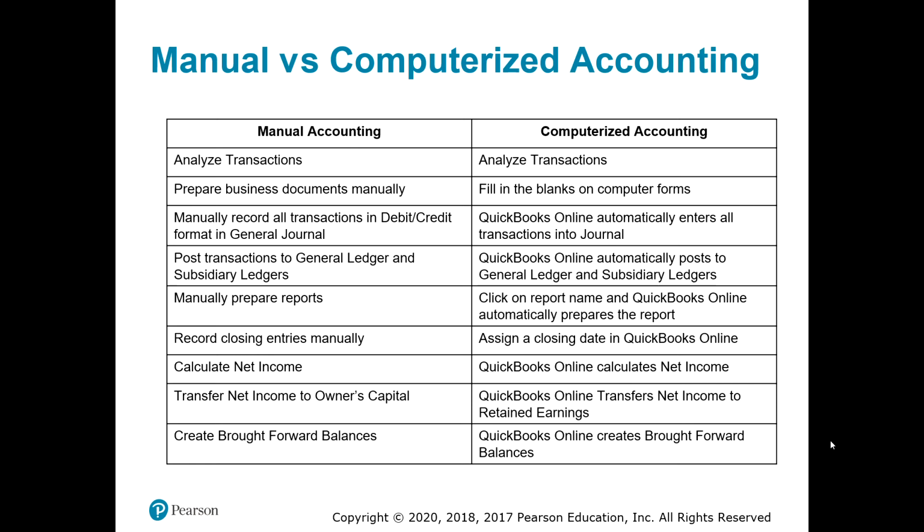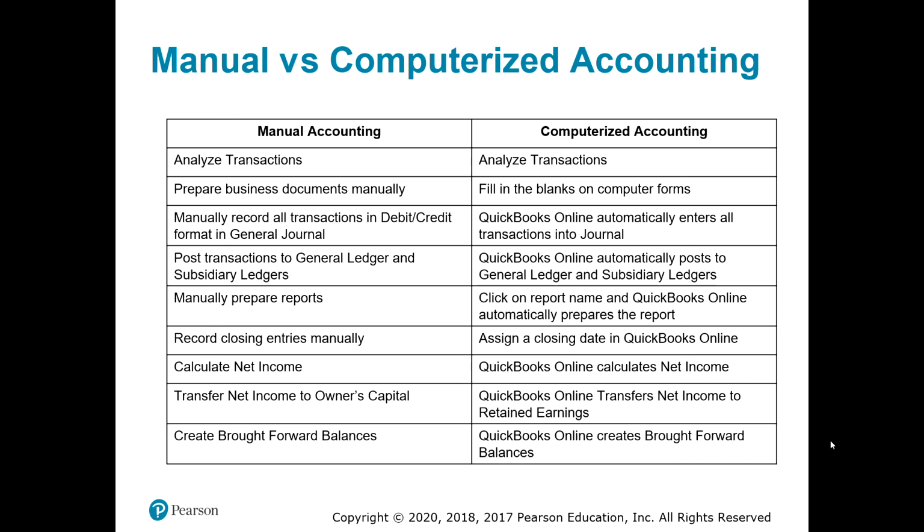The best thing is that computerized, once you learn QuickBooks, takes less time because much of the process is completed by the program. Both manual and computerized require us to analyze transactions. Manual, you need to prepare business documents, while computerized, you fill in the blanks on computer forms.